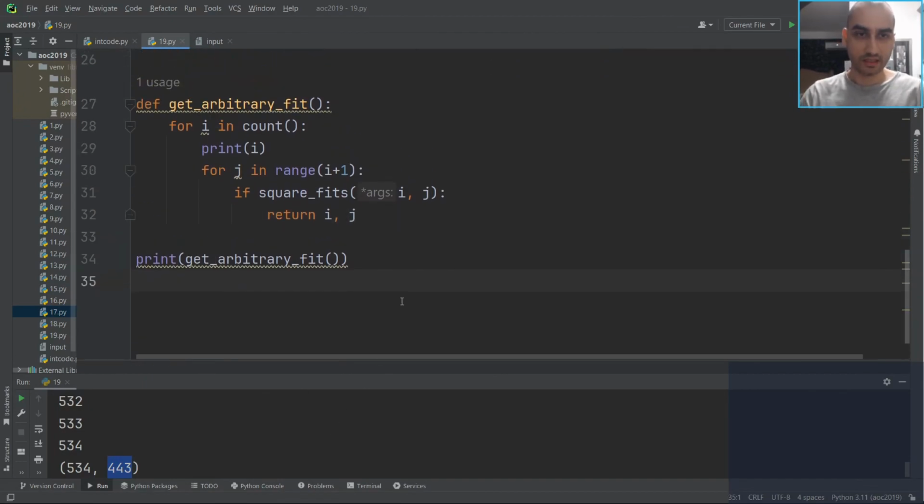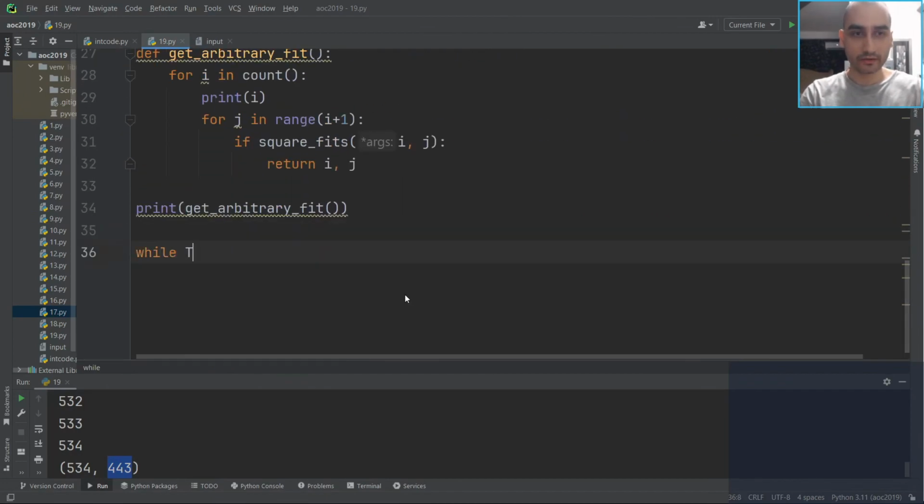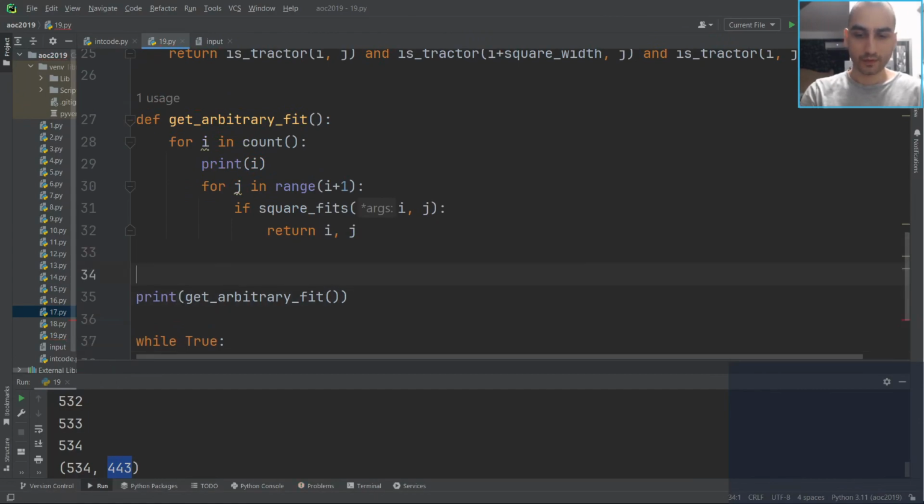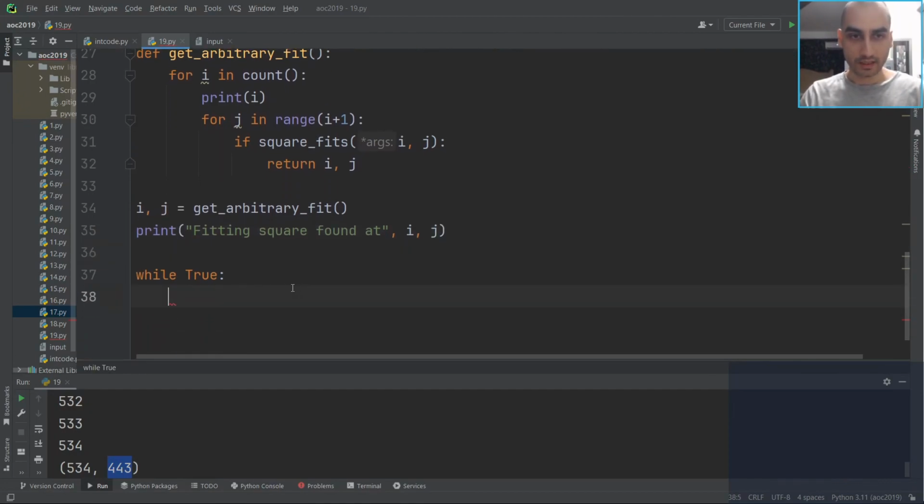Alright, so let's just do this cleanup thing. We say while true. If... So, okay, so we got ij equals get arbitrary bit. Fitting square bound at j. Okay, now we're just trying to optimize by pushing it up and left until we find the right spot. So, while true.